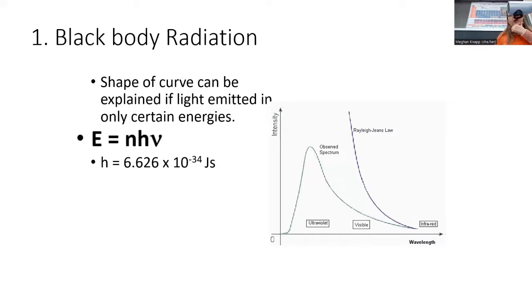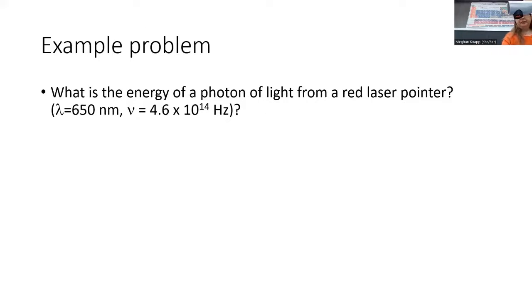You're also going to want to go ahead and write down h because I'm going to have you plug this into a calculator. If you have your calculator, go ahead and pull that out. So we're going to look at this question. What is the energy of a photon, so just one of them, that is from a red laser pointer?